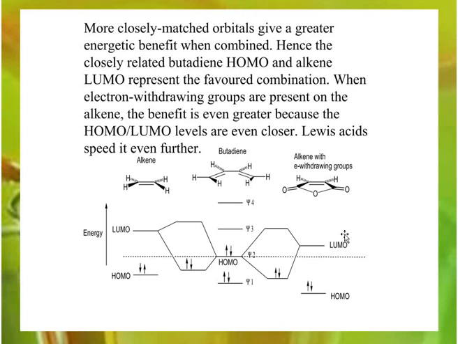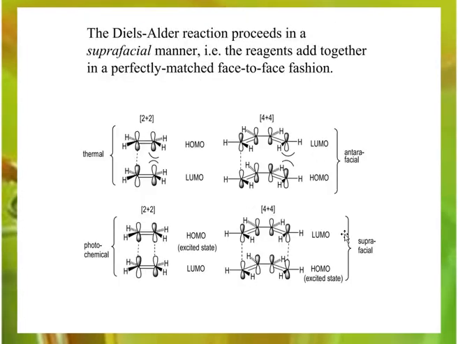When electron withdrawing groups are present on the alkene, the benefit is even greater because the HOMO-LUMO levels are even closer. Lewis acid speeds it up even further. You can see here. Now Diels-Alder reaction proceeds in a suprafacial manner. The reagents add together in a fully matched face-to-face way. So from here I will discuss in the next class.